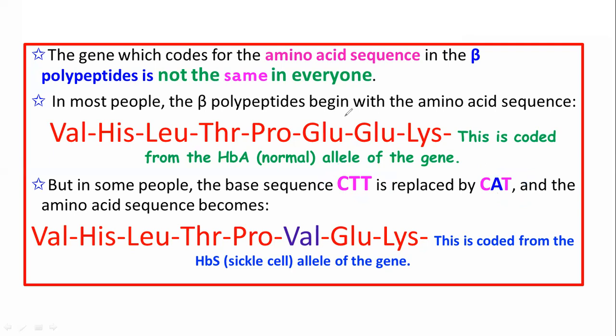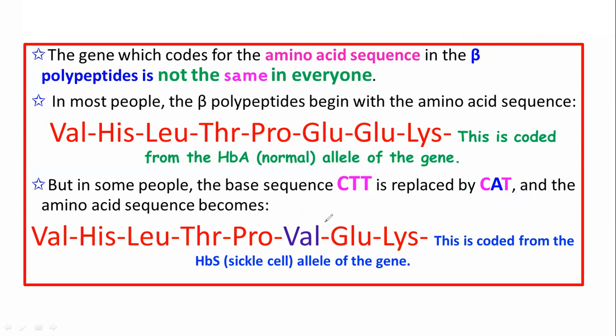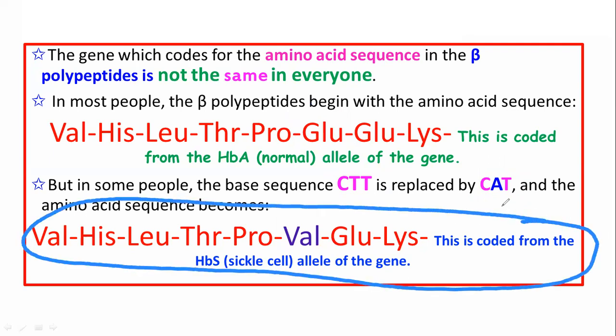I repeat: after proline you have glutamic acid. But in the mutation in sickle cell anemia, instead of glutamic acid, this single letter of the code changes by mutation, and you get the amino acid valine in the chain for the beta polypeptide.